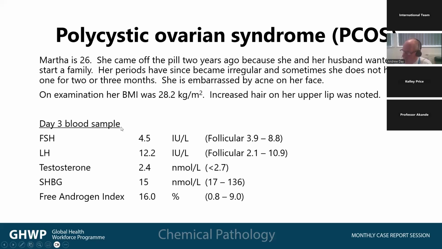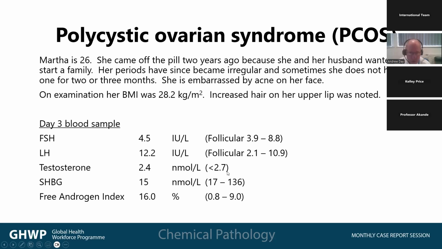A blood sample was taken on day 3 of the next cycle, and you'll notice that she has a relatively high LH, which is actually almost 3 times the FSH. She has a high normal testosterone, but a total testosterone that is nevertheless within the reference range for this particular assay.